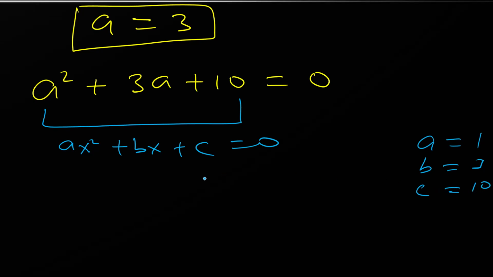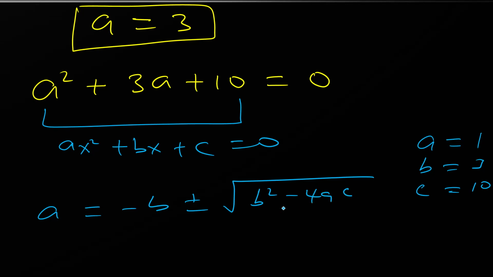Since we are conversant with the arrangements, let's move on. So we have minus b plus or minus the square root of b squared minus 4ac, all over 2a.